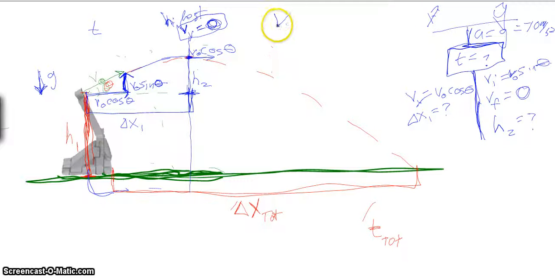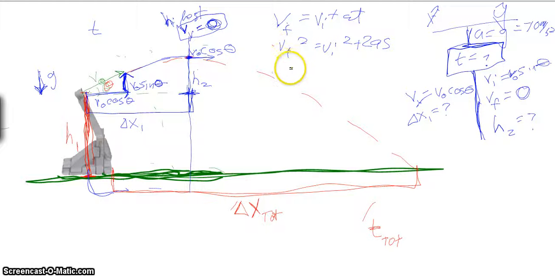Velocity final equals velocity initial plus acceleration times time. Velocity final squared equals velocity initial squared plus 2 times acceleration times displacement, which could be delta y or h. We probably will call that h in just a second.